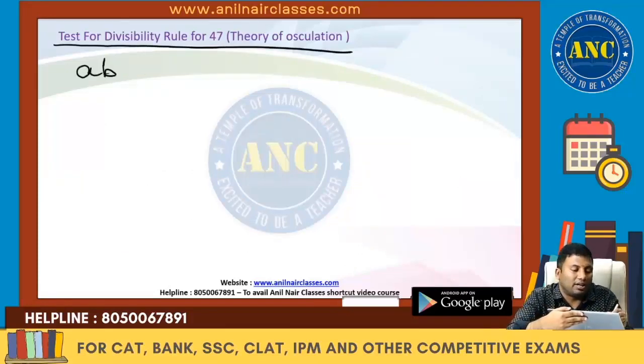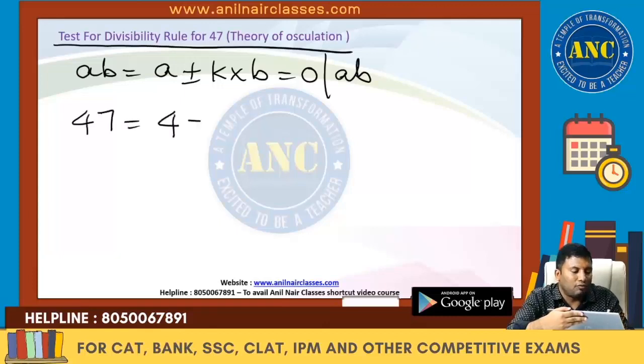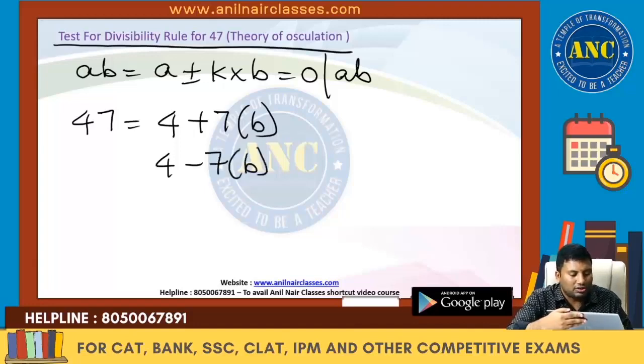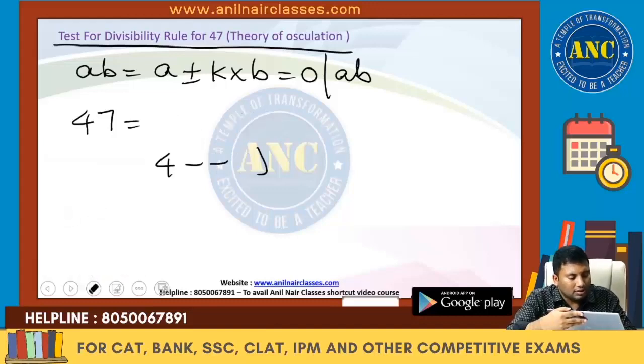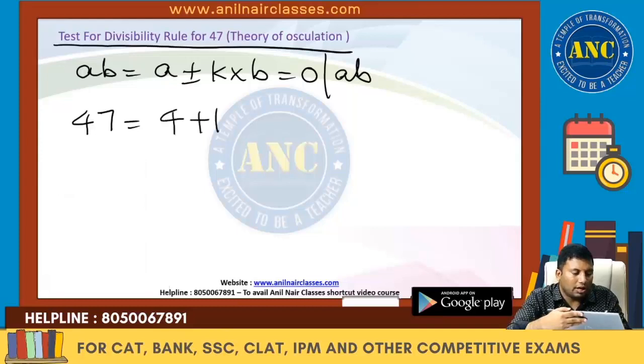Divisibility rule for 47. The theory of oscillation is a plus or minus k into b is either 0 or divisible by 47. 47 is nothing but 4 plus 7b or 4 minus 7b. Here we will write like this, 4 plus k into 7 or 4 minus k into 7.